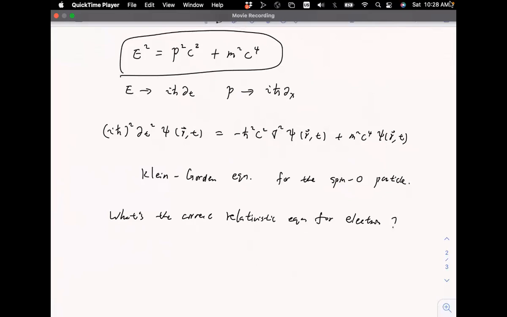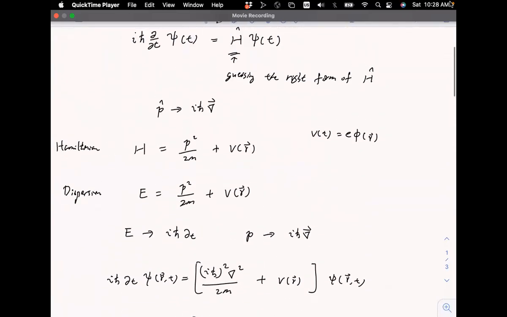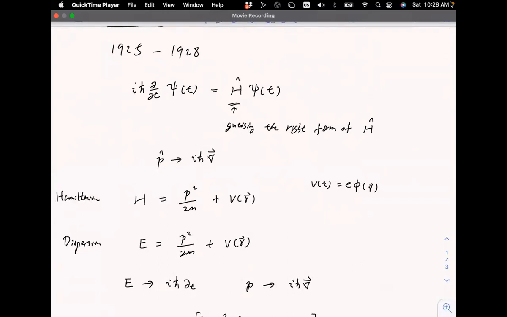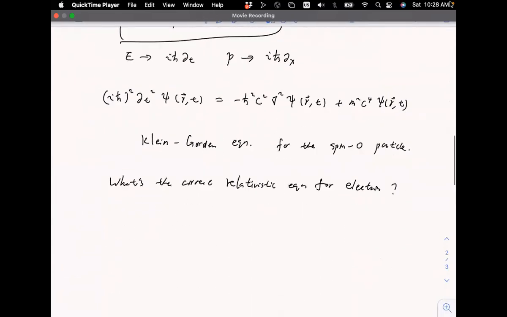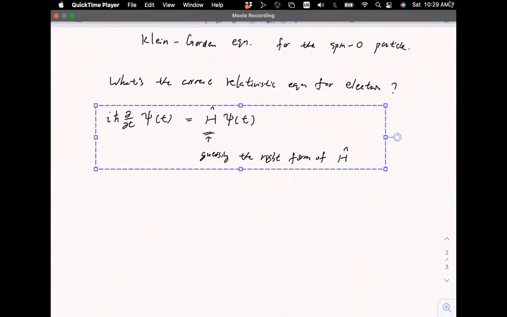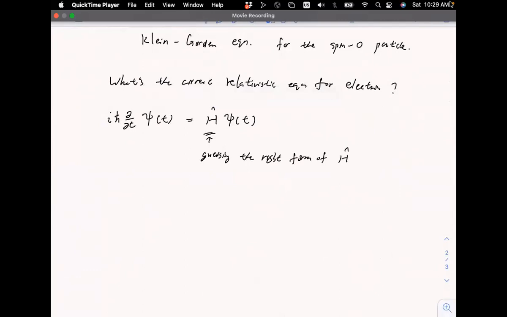The basic idea is this. You go back to this equation. The question is this: what is the right form of the Hamiltonian for an electron?